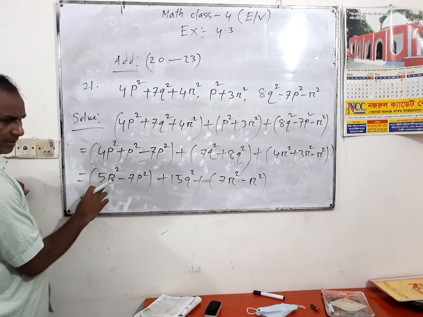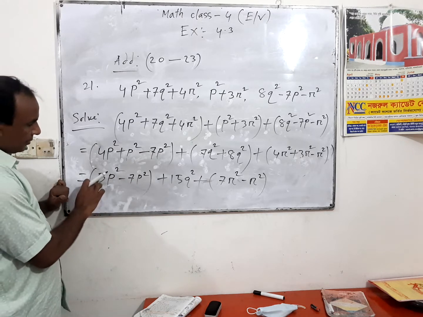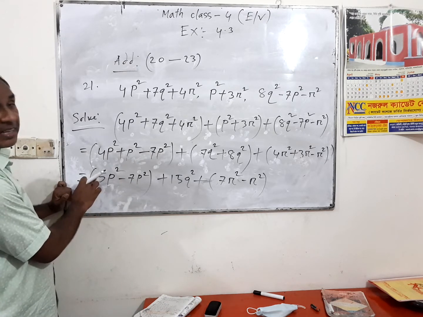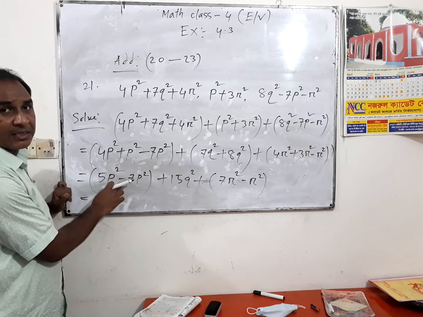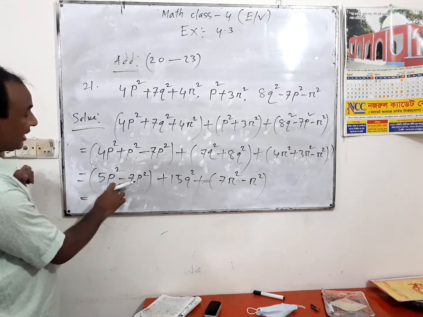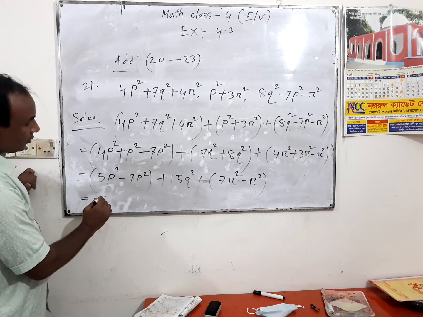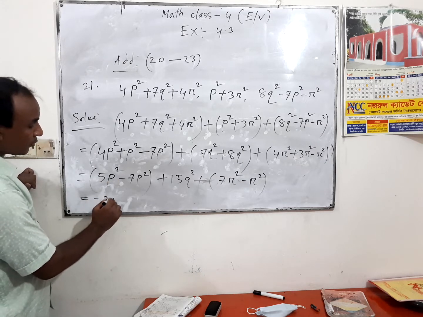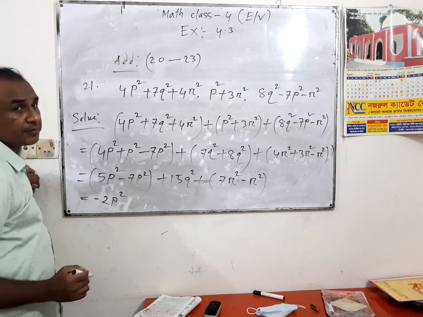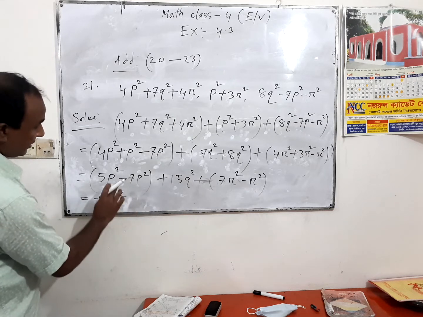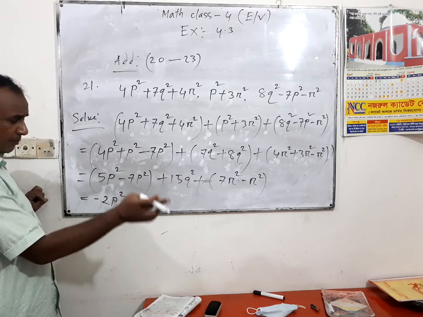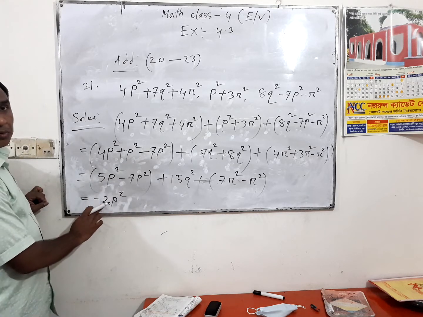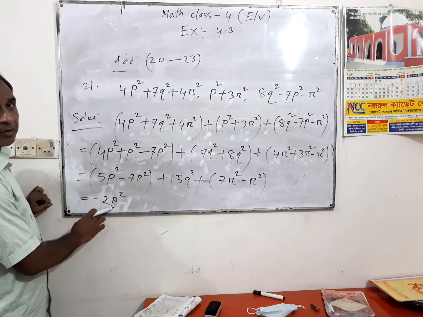Now, before 5p square there is a plus sign and before 7p square there is a minus sign. So minus is more here. How much more? 2p square is more.